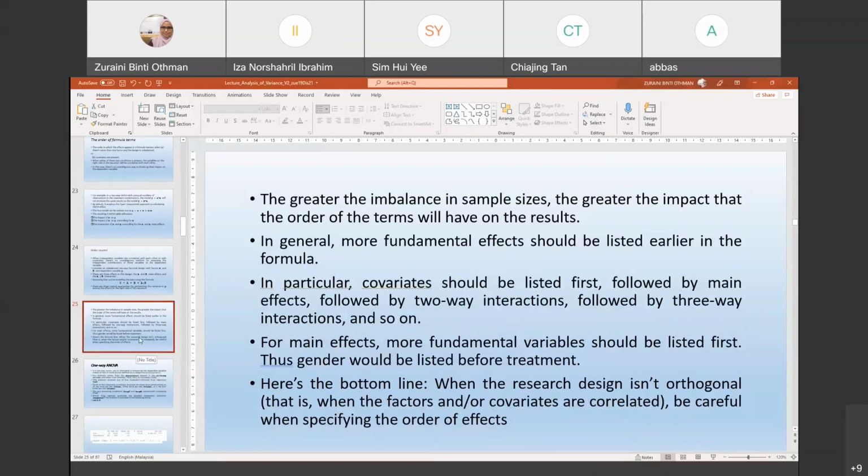The greater the imbalance in sample size, the greater the impact that the order of terms will have on the result.